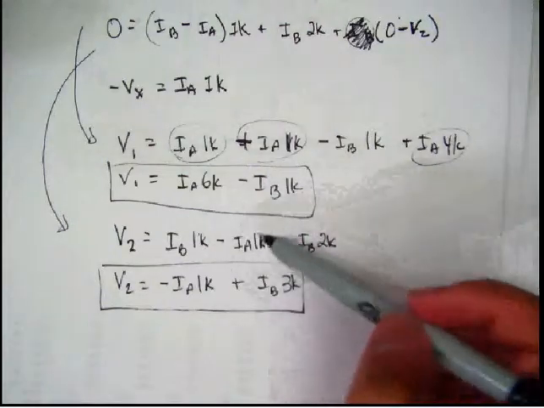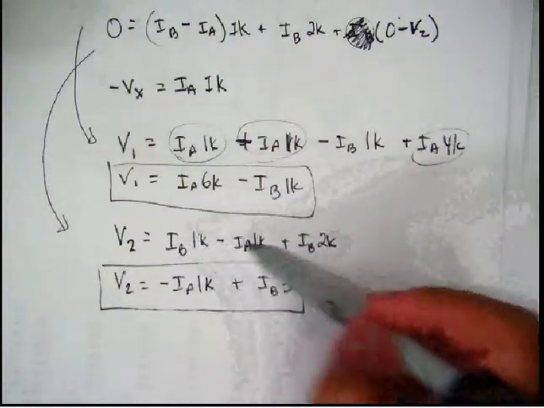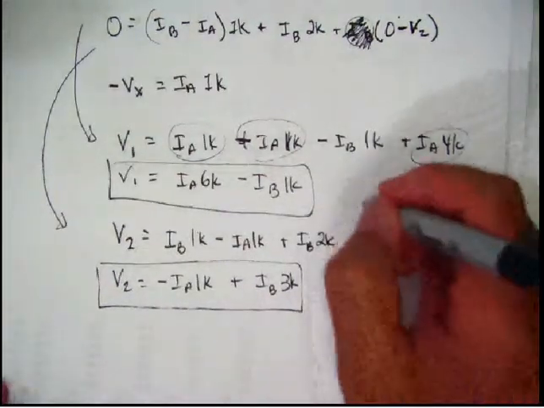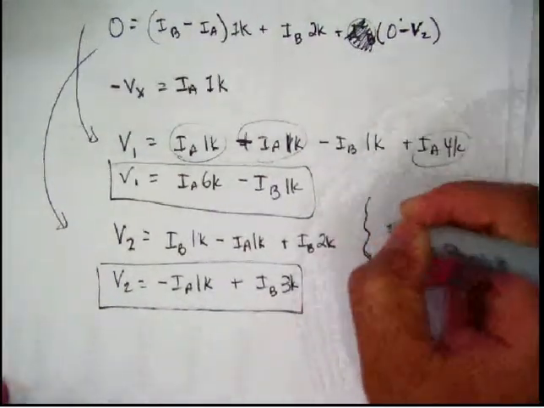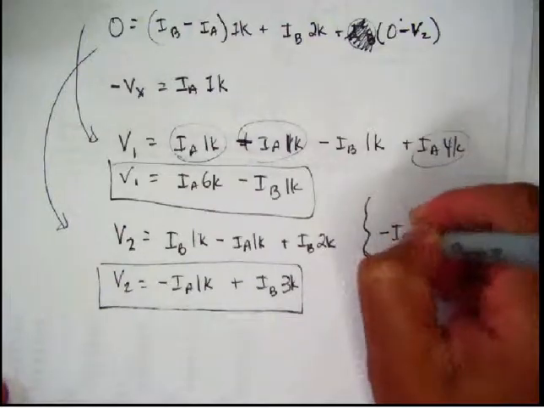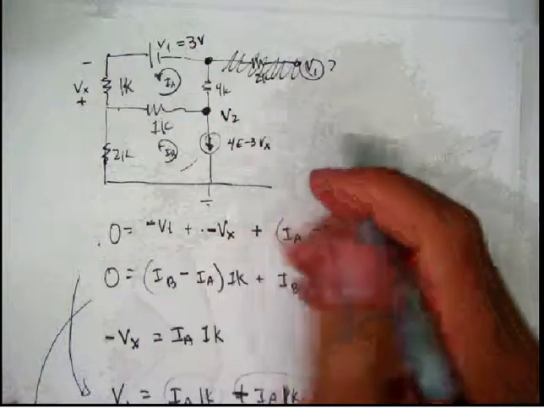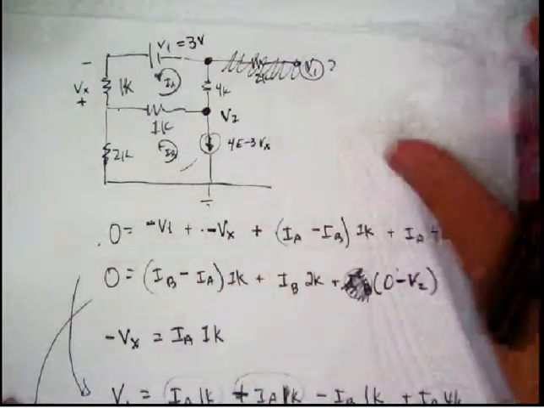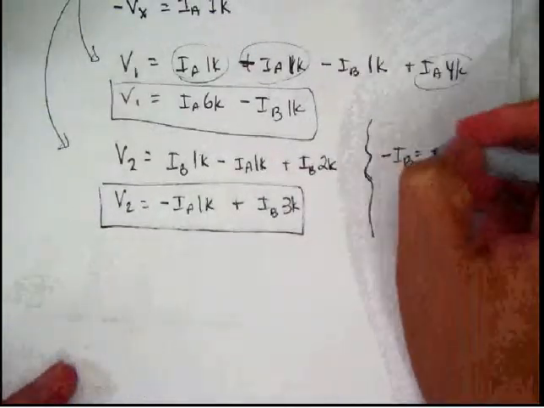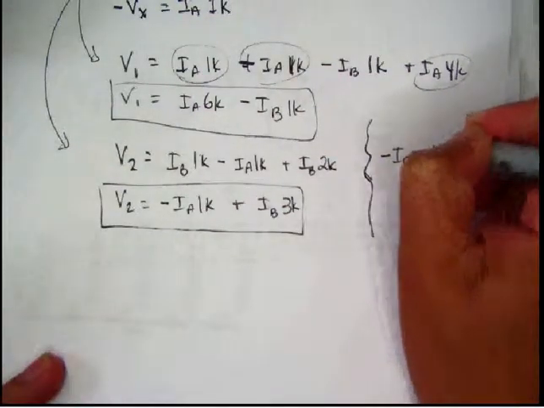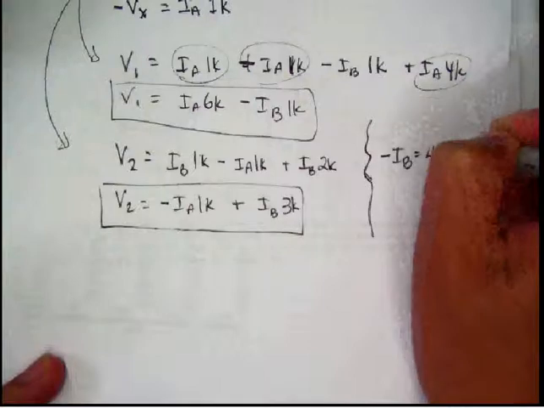And we were stuck because we had three unknowns, IA, IB, and V2. So we're going to replace IB. So we know that negative IB must equal this current, which is 4 times 10 to the minus 3 Vx.